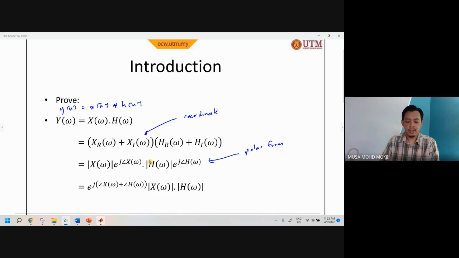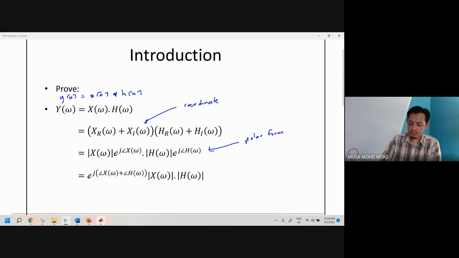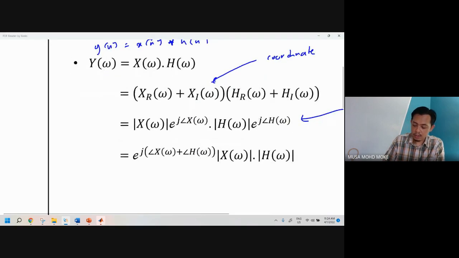Then we can write the same thing for the filter: the magnitude of the filter multiplied by the exponent of j times the phase of the filter. If we do the multiplication, the result can be written as the magnitude of Y(omega) times e to the j phase of Y(omega).